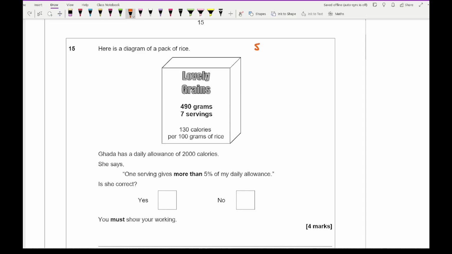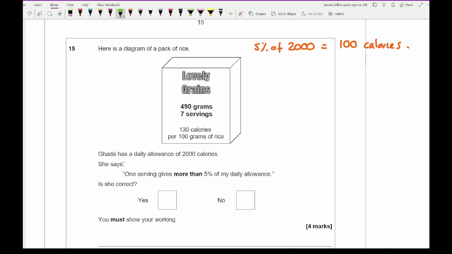So let's first of all work out 5% of 2,000, of her daily allowance. So 5% of 2,000 is 100 calories. So the next thing we want to do is then work out how many calories there are in one serving.